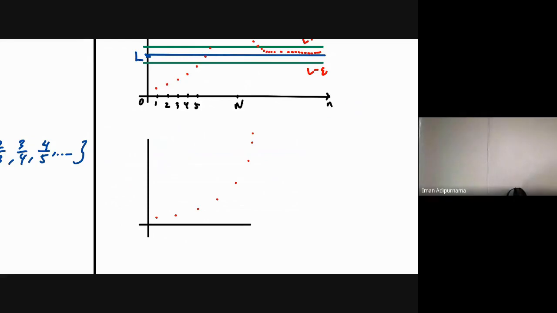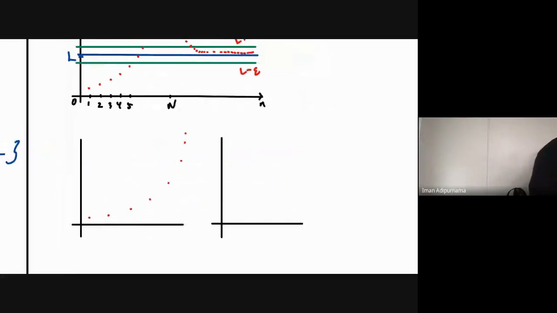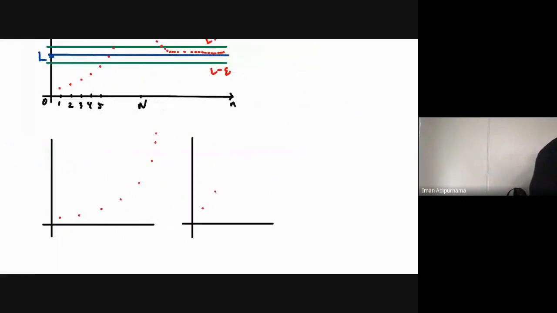We conclude this also diverges. If, for example, you have this, if it is not concluding into a value, it's also divergent. Okay, it's also divergent.